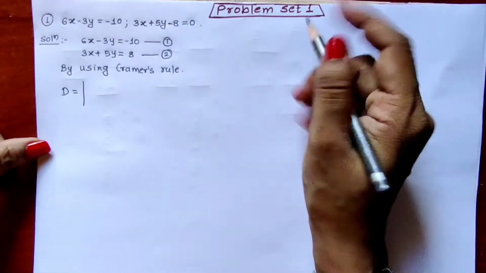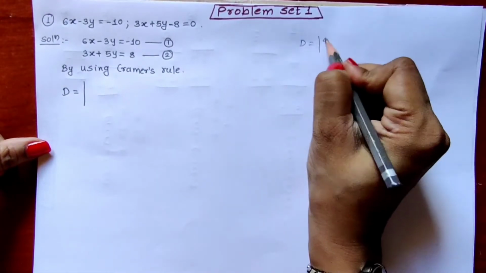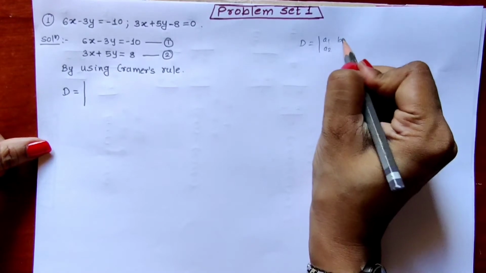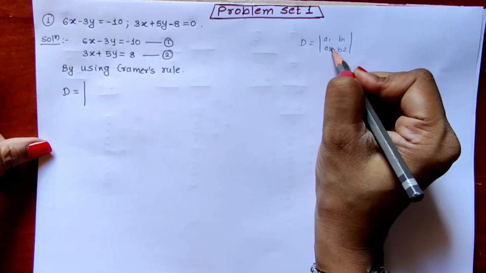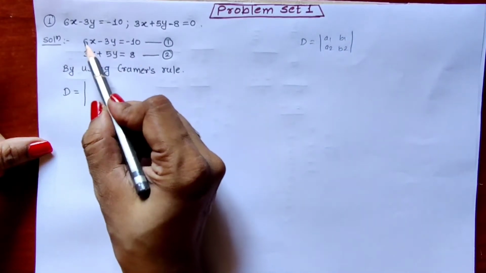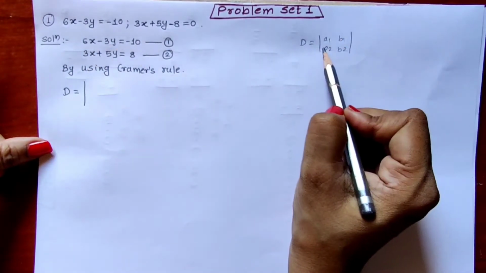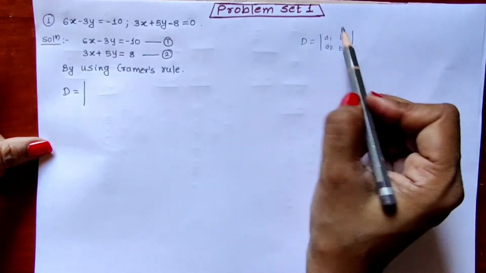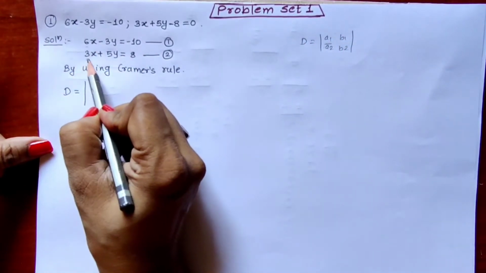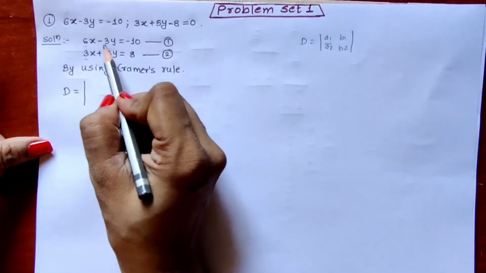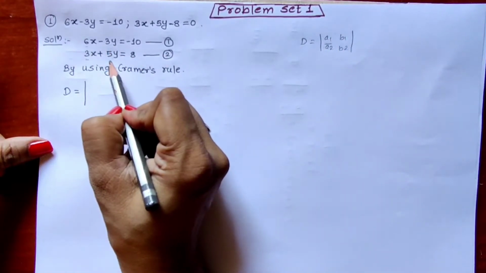Determinant D means a1 a2 and b1 b2. We all know this. a1 a2 means coefficient of x. In both these equations, coefficient of x means a1, a2 and coefficients of y means b1, b2. So a1 means 6, a2 means 3, b1 means minus 3 and b2 means plus 5.